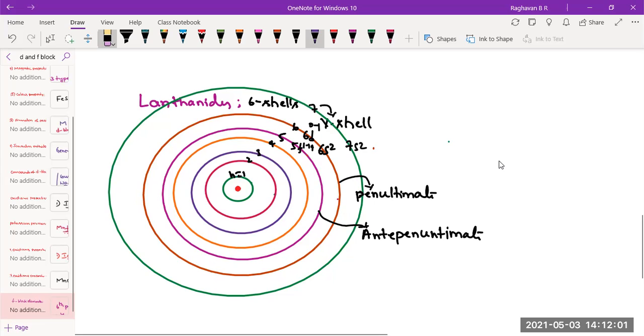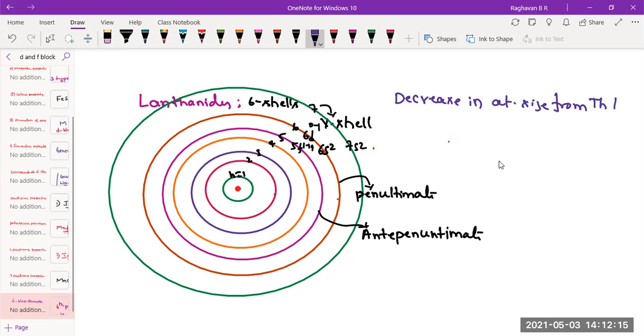So this decrease in atomic size from thorium to lawrencium is called actinide contraction.